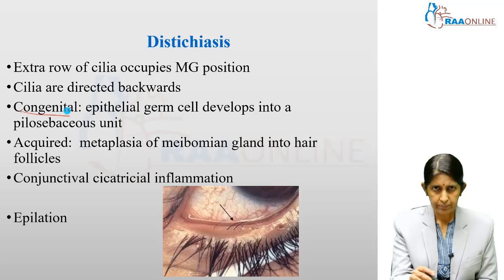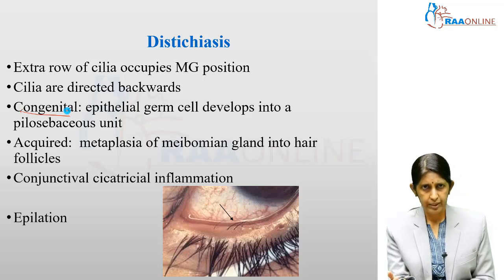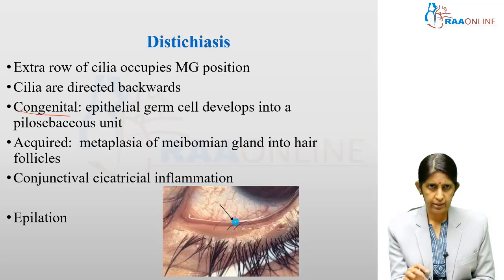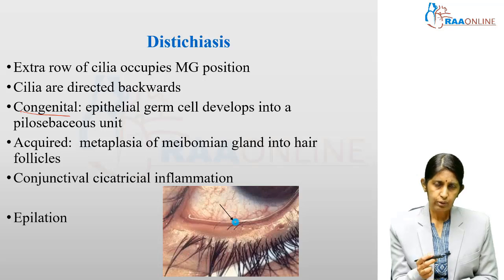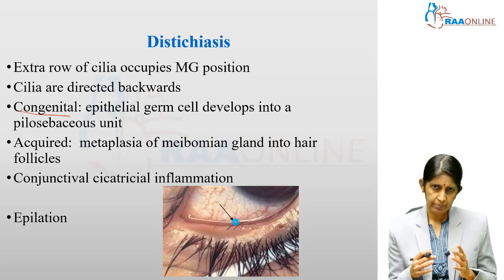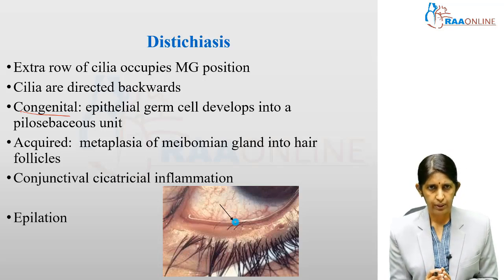If it's congenital, the germ cell layer, instead of developing into a meibomian gland, is developing into a pilosebaceous unit. So that is congenital distichiasis. In acquired, there is a metaplasia of the meibomian gland into hair follicles. It can occur following cicatricial inflammation.